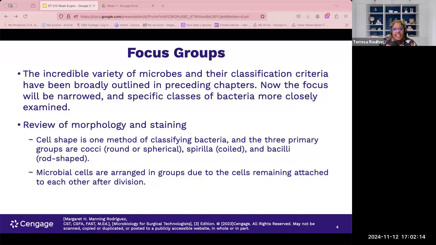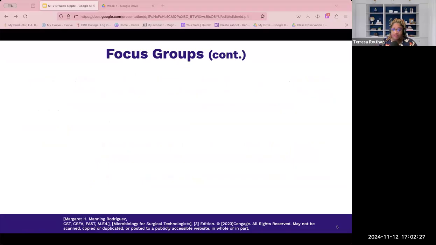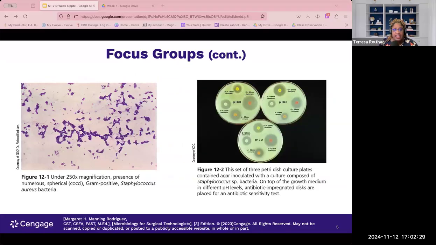These classifications help us understand infection risk, because we want to keep things pretty sterile in our environment. I have a lot of imagery, and I'm going to try to tie it into why it's important to us.